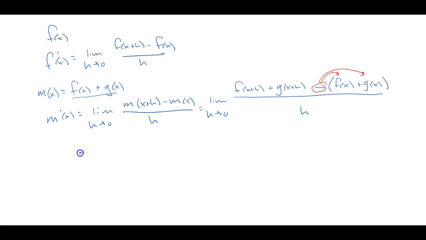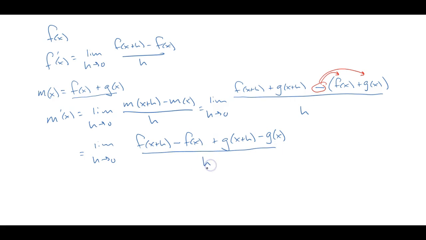So our m prime is going to now be the limit as h approaches 0 of f of x plus h minus f of x plus g of x plus h minus g of x, all divided by h. And that should be okay when I distribute that negative inside this quantity here. Both of those terms are negative, and by the commutative property of addition, I can go ahead and move some of those terms around, and sure enough, we'll be at this expression here.